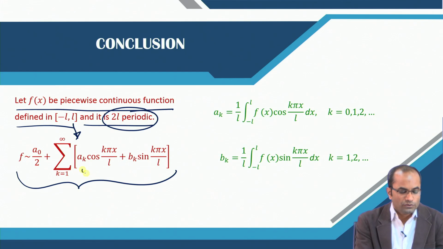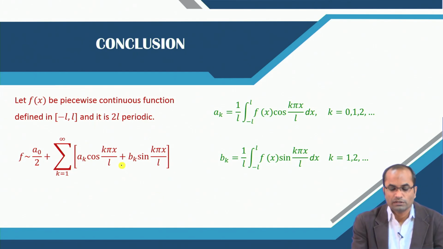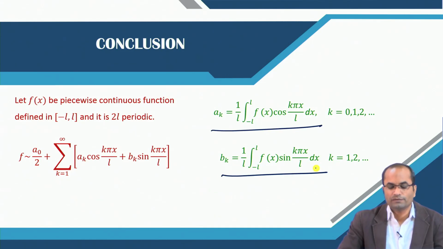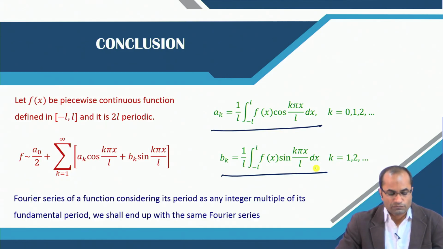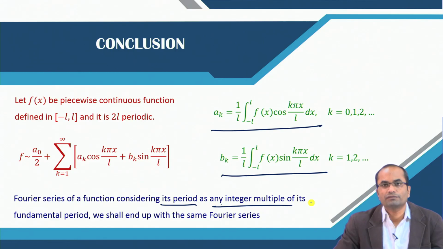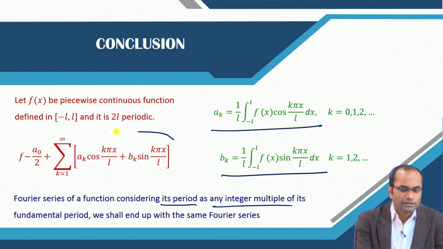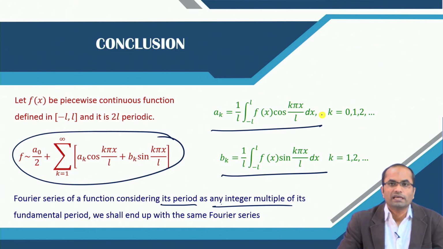So, this was the more general form of the Fourier series, where the Fourier coefficients are computed in this way. And we have also seen that if we take any integer multiple of its fundamental period, the Fourier series will remain the same. The Fourier series will not change, and we have demonstrated this with the help of one example.